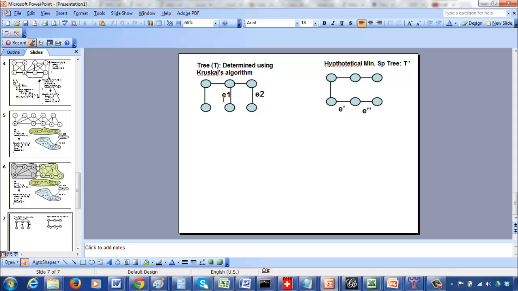So we use the technique of proof by contradiction, where we will assume there is a hypothetical minimal spanning tree. There is a typo here, it is hypothetical.